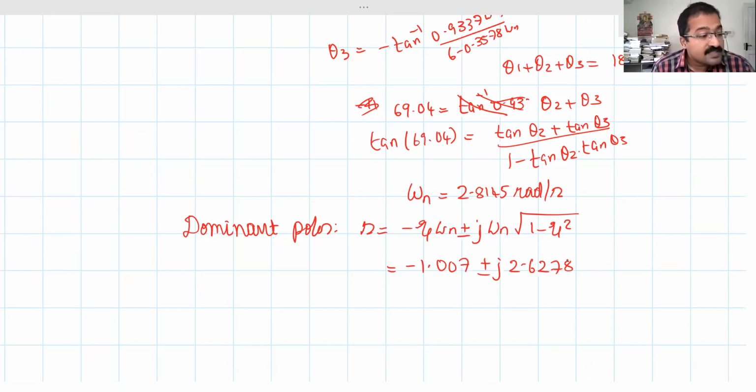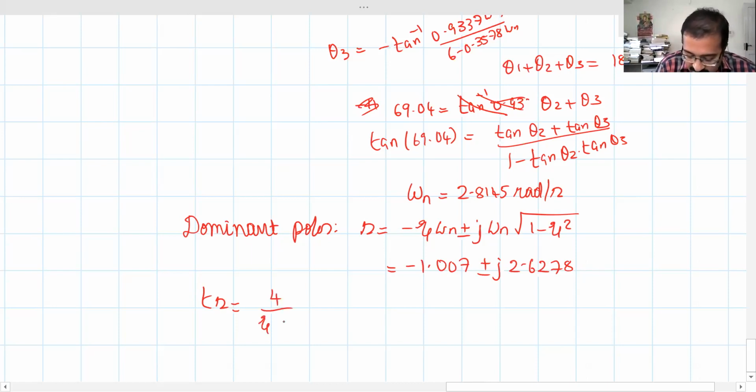Now what next? What's the question? That it should reduce the settling time by a factor of 2. So, settling time for the given second order approximate system is 4 by zeta omega n, or 4 divided by 1.007. That will be 3.9721 seconds.